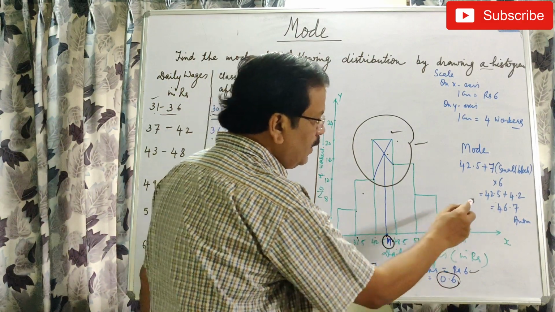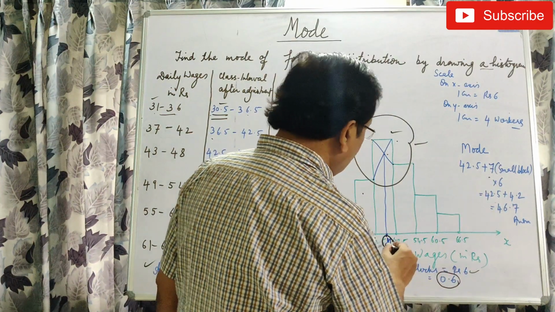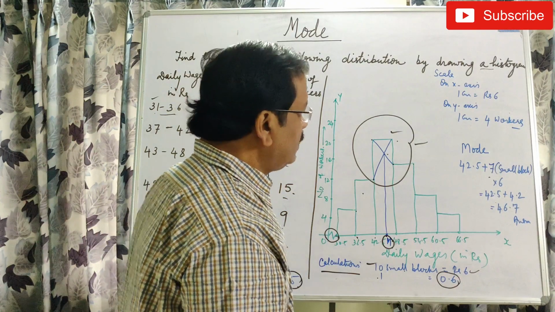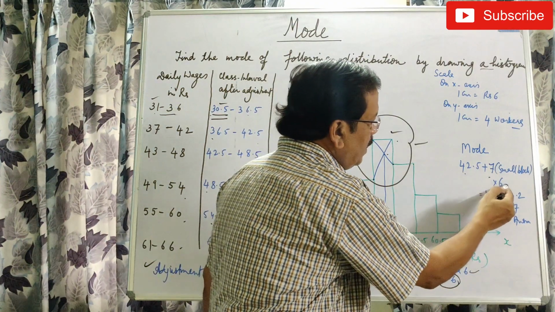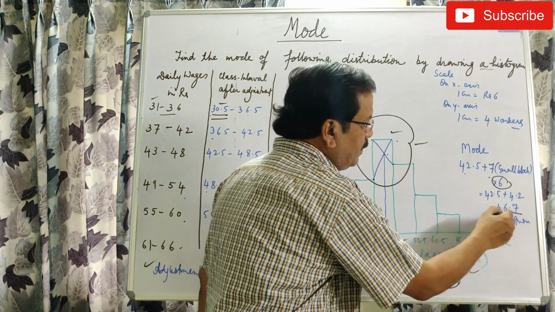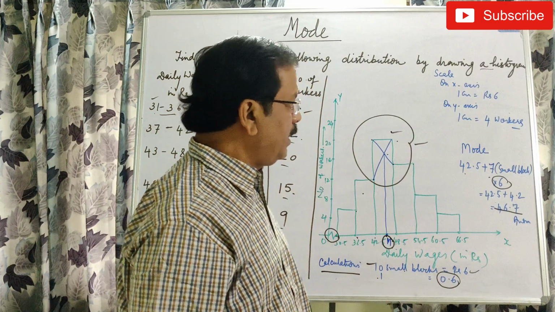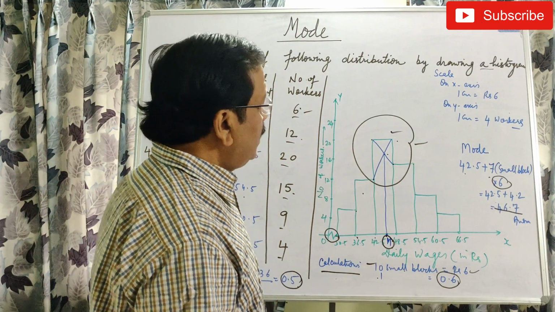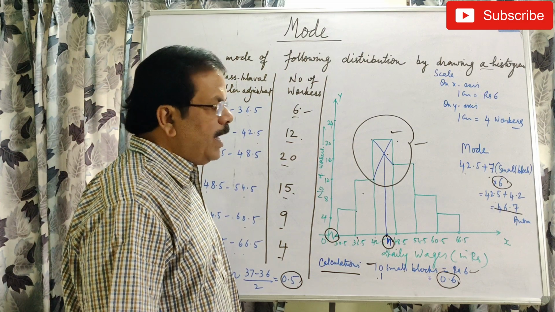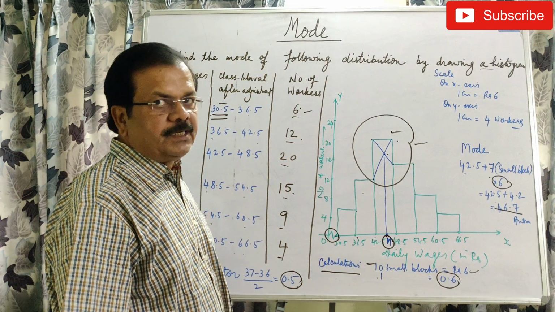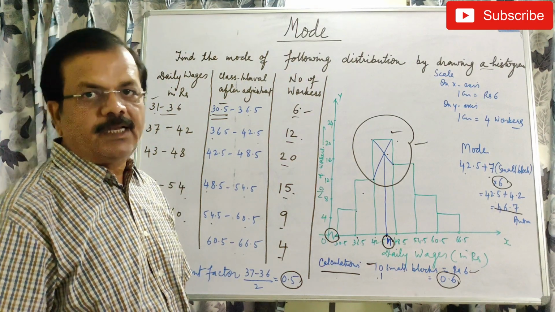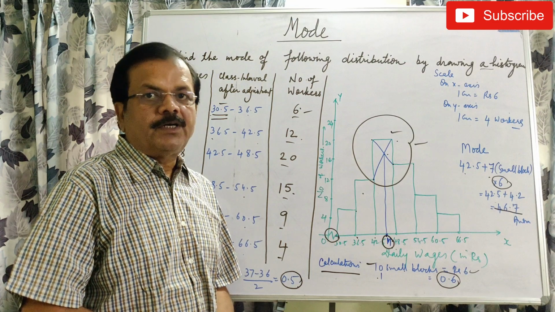Once you count, you will get that this will be 7 small blocks, or likewise, as this can change, and then multiplying with the value of each block and adding, we are getting the mode 46.7. This is all about the topic mode, and this way we have completed the entire syllabus of statistics for class 10. This is a very important topic.